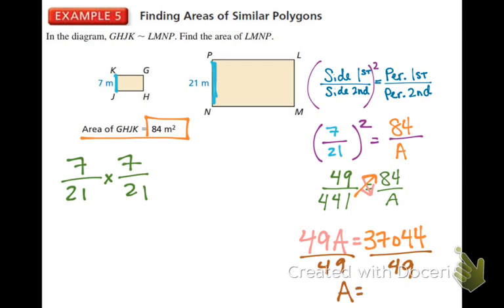Area equals 500 something. Perhaps. Maybe. Or 700 something. No. 900 something. 756. I said it first. Meters squared. That is it.